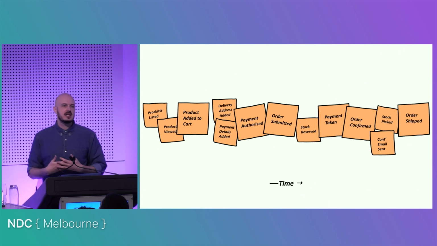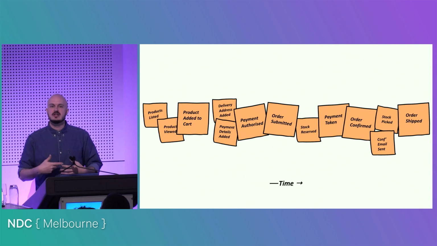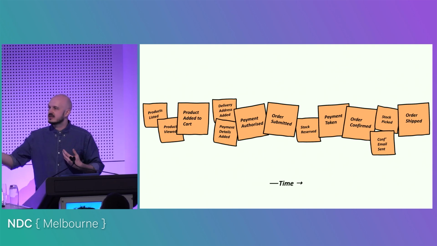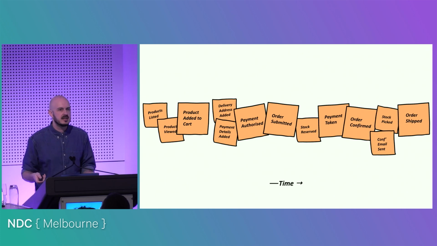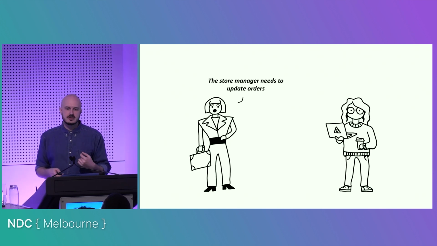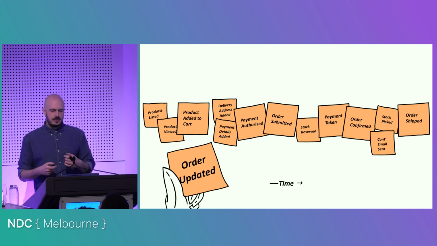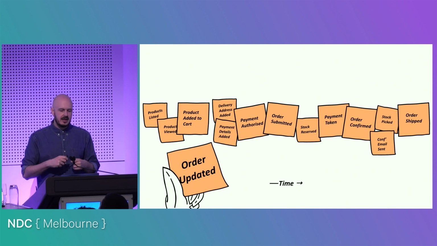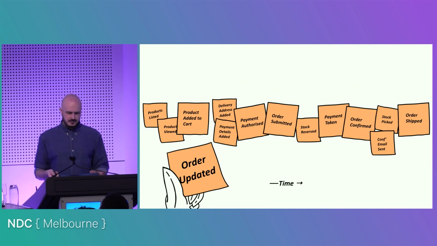So this is not to say that our system is necessarily event-driven in a technical sense, but these events nonetheless happen in our system. They just might be really implicit in the code. So now let's replay that problem statement that was brought to us. The store manager needs to update orders, which if we just slap the past tense on that, we get order updated, an order updated event. And that sounds perfectly reasonable, doesn't it?